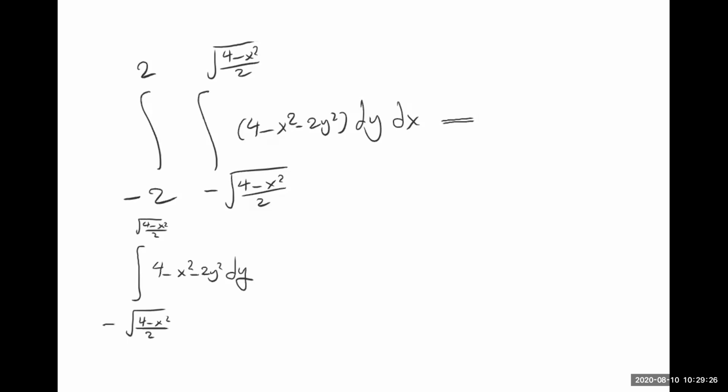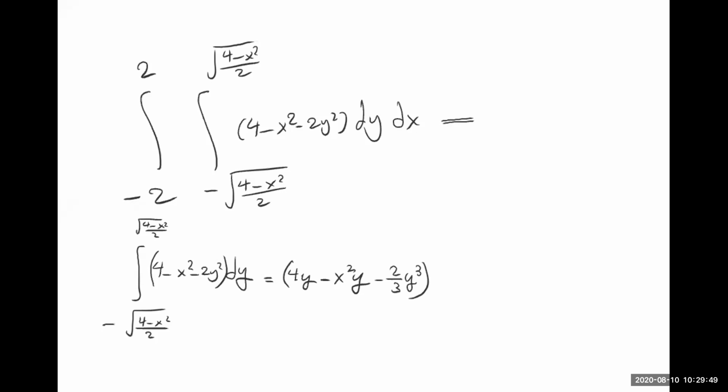Okay, the integral of 4 is 4y. The integral of x squared: again, x squared here is a constant, right? So when I take its integral, it would be just the constant times y. And then the integral of 2y squared is 2 over 3 y cubed.